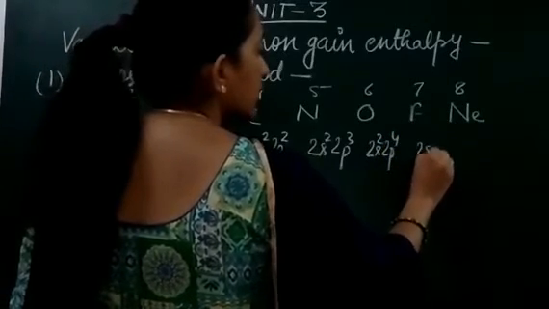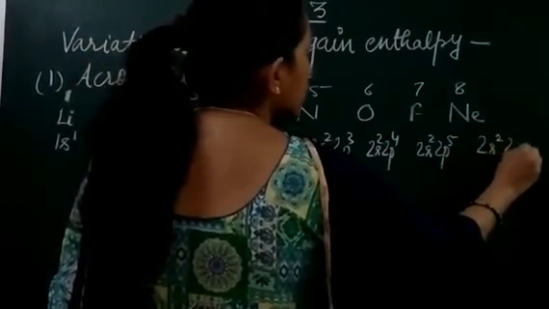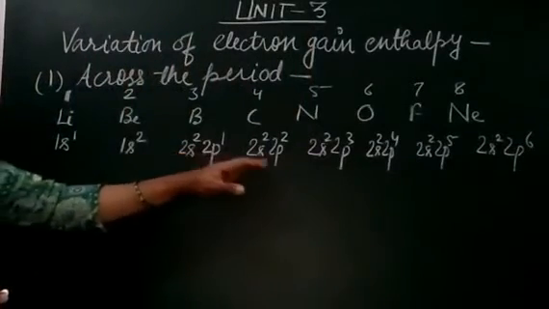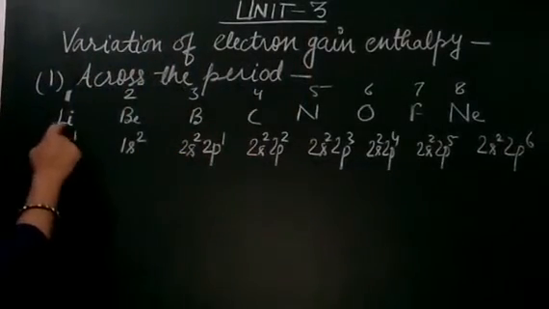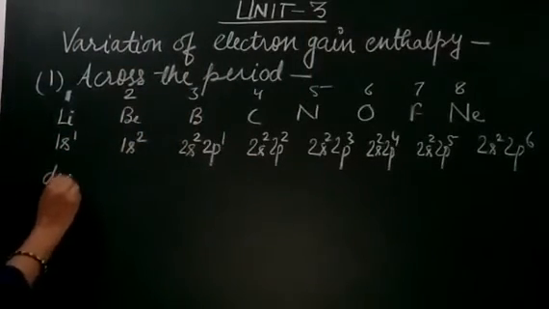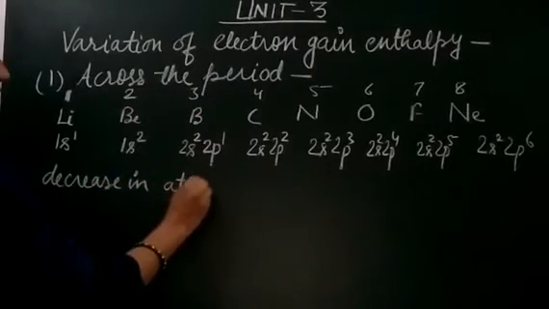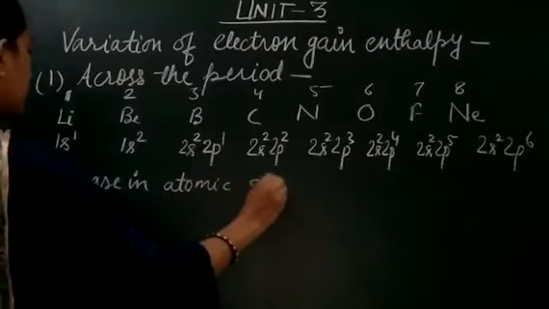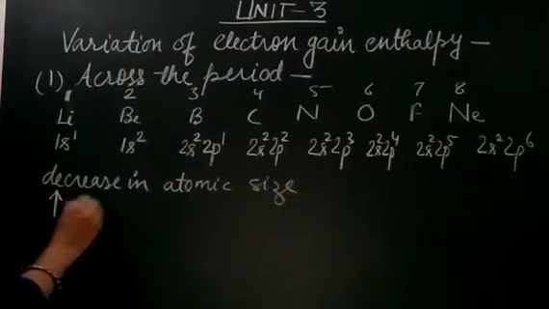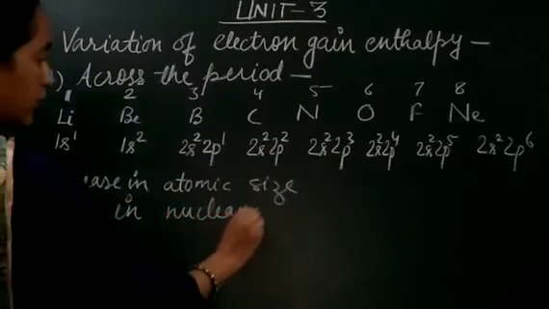That of fluorine is 2s2, 2p5, and that of neon is 2s2, 2p6. Students, here I have written the outermost shell configuration of these elements. Now students, when we move across the period, what happens? There is decrease in atomic size, and there is increase in nuclear charge.